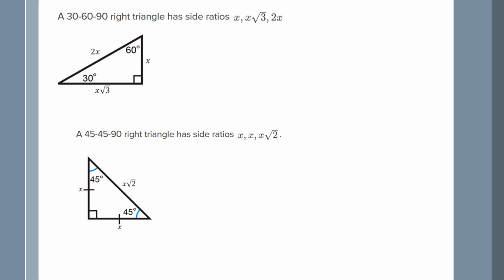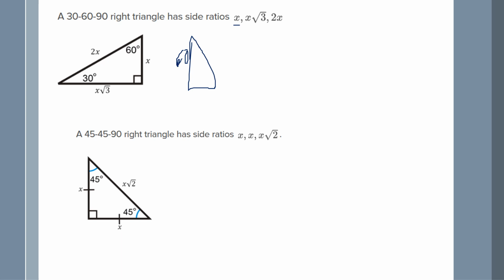These are pictures of what we knew already about the 30-60-90 triangle. We know that the ratio is going to be: from the short leg, it's going to be just the leg. And we could rotate this triangle like this if we wanted, meaning that we could have the 60 degrees stand right here, or we could lay it flat, it does not matter.